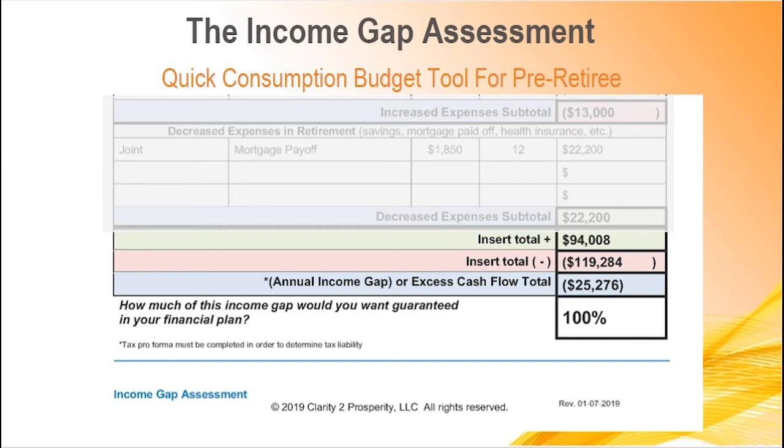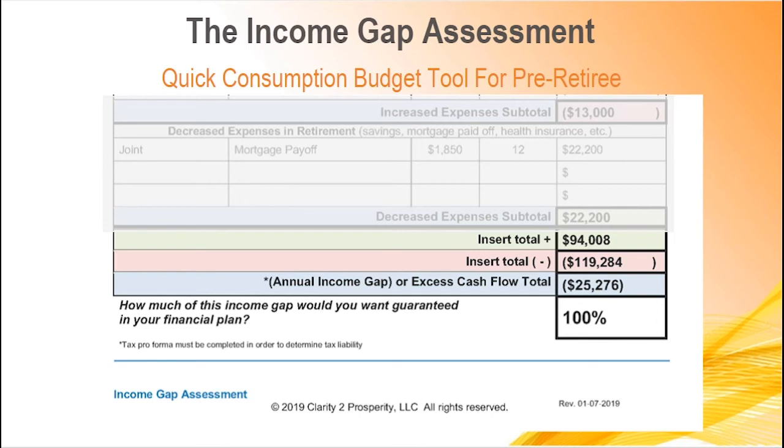But for most of our clients, they're going to need to pull money out of their investment accounts to supplement their Social Security and pensions in retirement. And in this case, as you can see, this client is going to need to take $25,276 out.